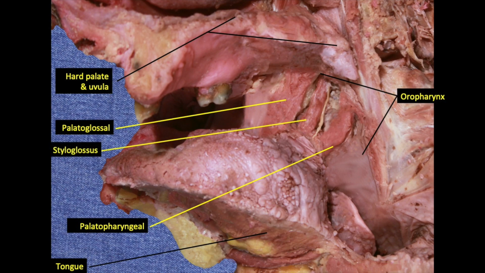We also now can see a slender muscle entering the posterior aspect of the tongue. This is the styloglossus muscle. We can also see the glossopharyngeal nerve, cranial nerve 9, which provides general sensory and taste sensation to the posterior one-third of the tongue.